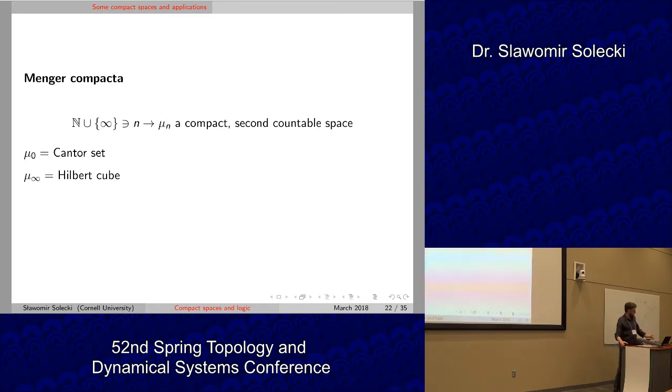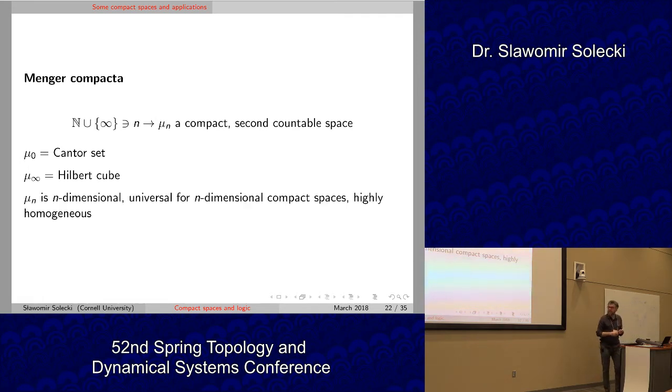This is actually a beautiful family of higher-dimensional compacta, starting with the Cantor set at 0 and, at infinity, the Hilbert cube, and you've got mu_1, which was in the previous picture. For each dimension you have one like that. So this is a really nice thing. Somehow there is a connection between descriptive set theory and infinite-dimensional topology.